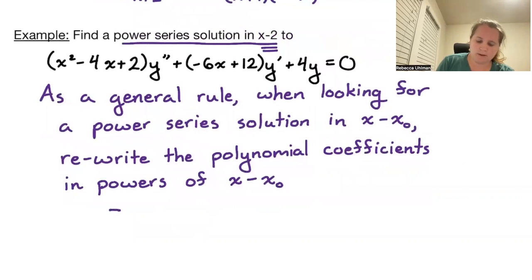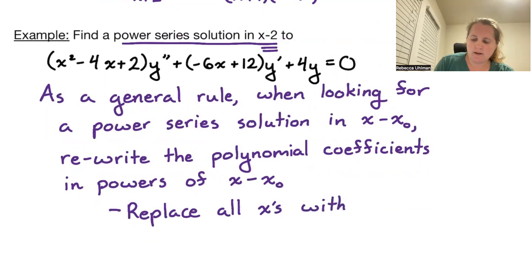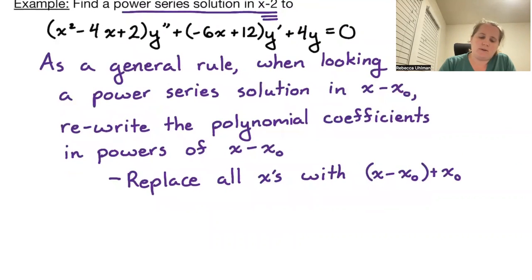So to do this, we can replace all x's with x minus x naught in parentheses and then plus x naught. In this case, we're going to do that with x minus 2.